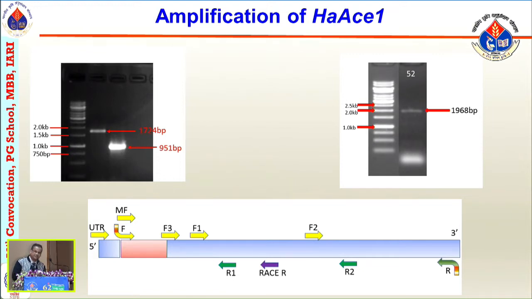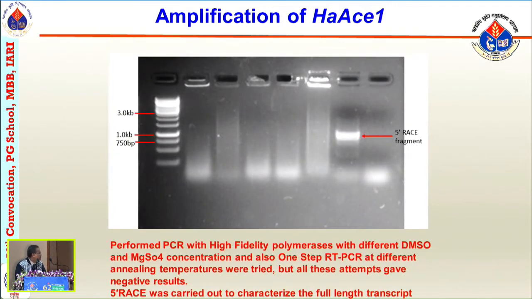This result is very inexplicable, and it was thought that high sequence divergence and the presence of a very GC-rich region at the 5' end of the ORF could be the reason for this non-amplification of the ORF of the gene. So a 5' RACE strategy was employed to solve the riddle.